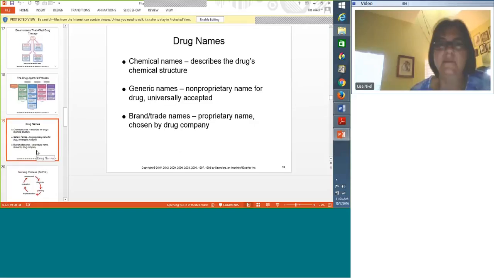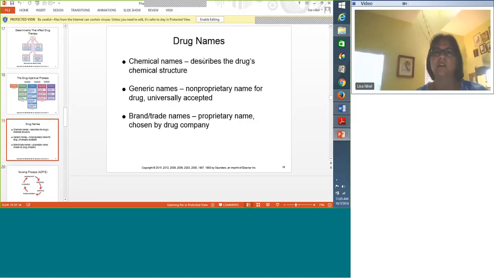Drug names. I have another slide that comes from the Davis Drug Guide where I'll also allude to this, and I showed you this with the Benadryl. We have chemical names, generic names, and brand and trade names. Our Benadryl box showed us the generic and the brand name. The generic is the non-proprietary name for the drug, universally accepted, and the brand name is the proprietary name chosen by the drug company.